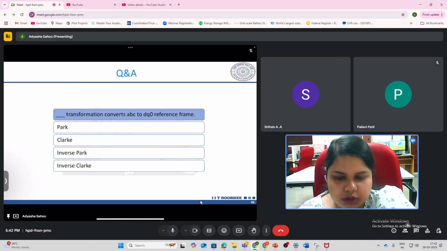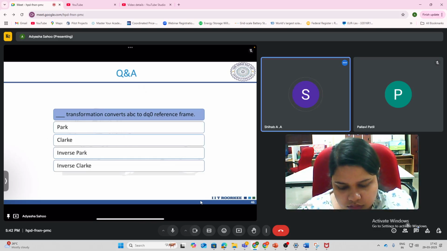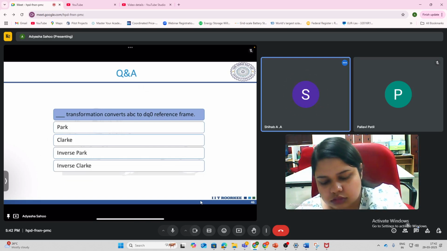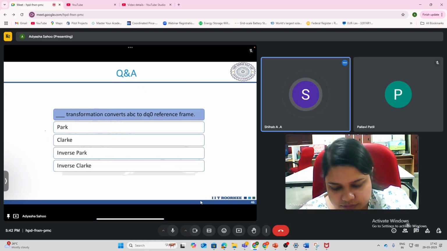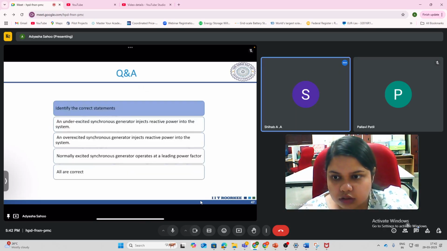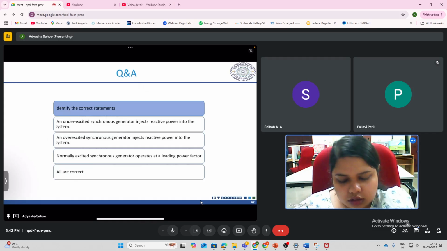Now, which transformation converts from ABC frame to DQ frame? Park, actually. Now, identify the correct statement regarding synchronous generator.